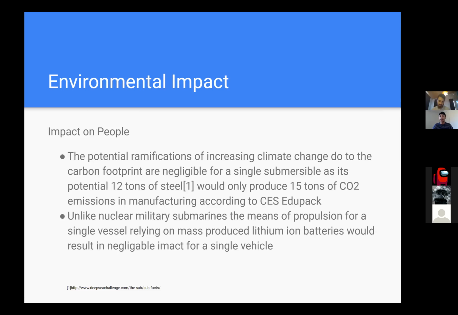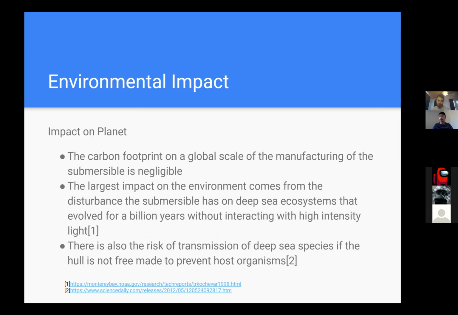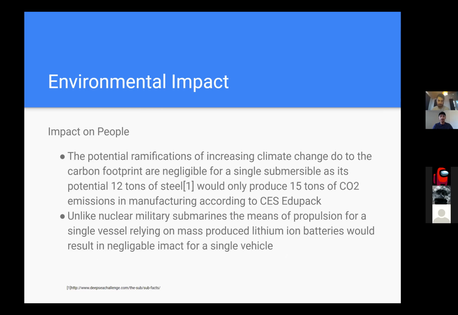However, we do have the benefit that we are not like a military submarine. We are not running on diesel or nuclear, so there is no concern for large-scale waste because this vehicle most likely will be operated with a lithium-ion battery and a series of simple motorized thrusters.